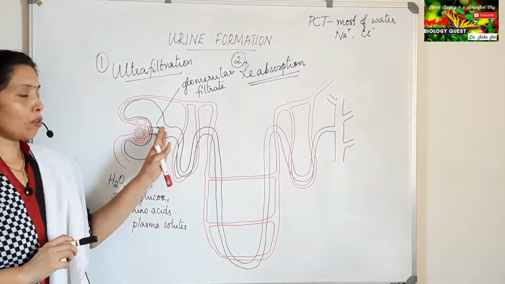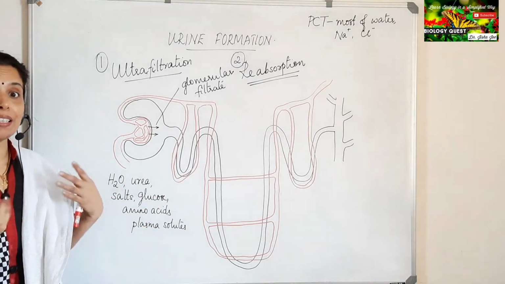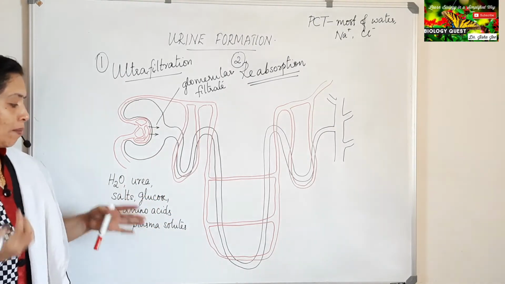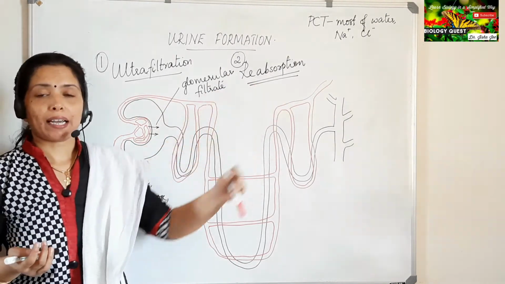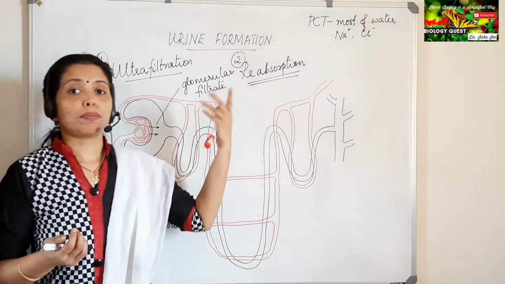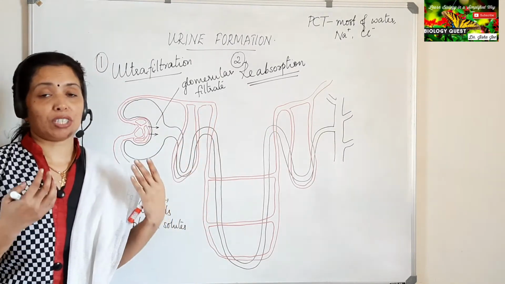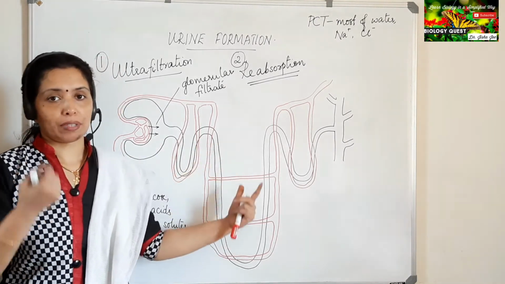Because we know the glomerular filtrate contains most of the water and other substances that are needed by the body, glucose, amino acids, and different types of salts like sodium and chloride ions. So reabsorption of these substances which are needed by the body will take place in the tubules of the nephron.